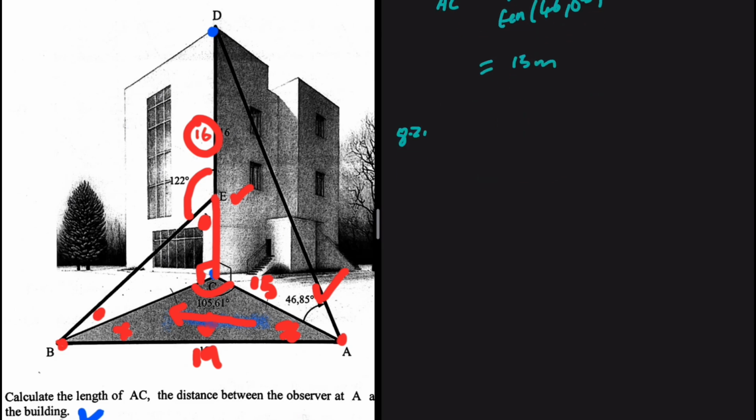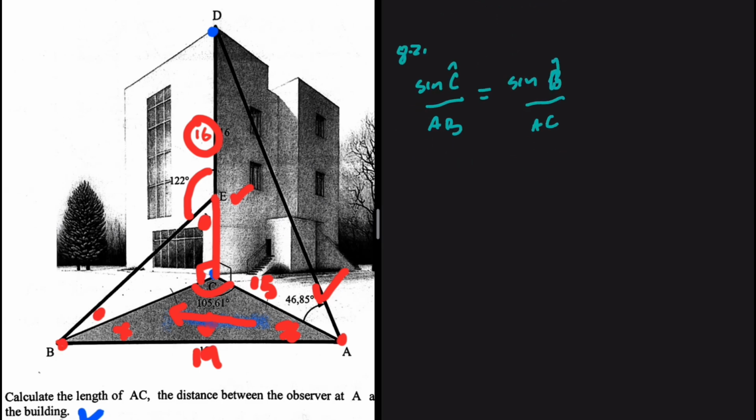So we want to start by finding the size of angle B. We're going to say sine of C, angle C, divided by AB is equal to sine of B divided by AC. So here we have sine of 105.61 divided by AB, which is 19, equal to sine of B, which is what we want to find, divided by AC, which is 15 units.